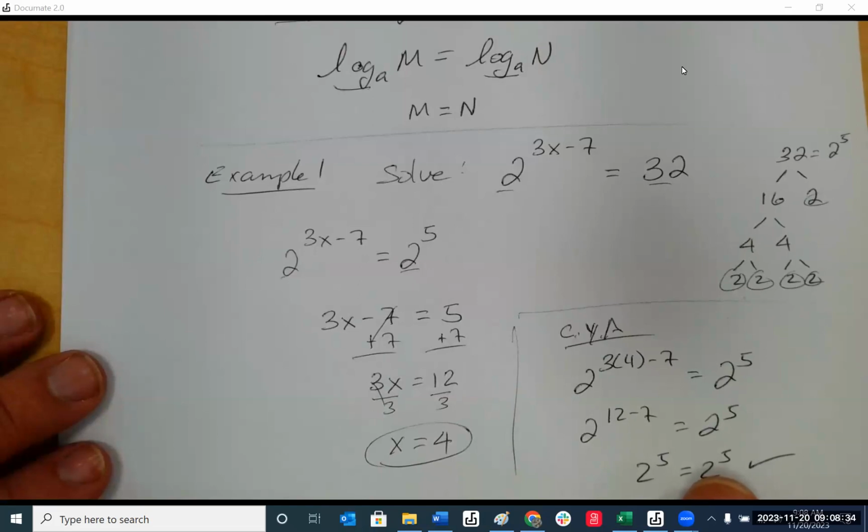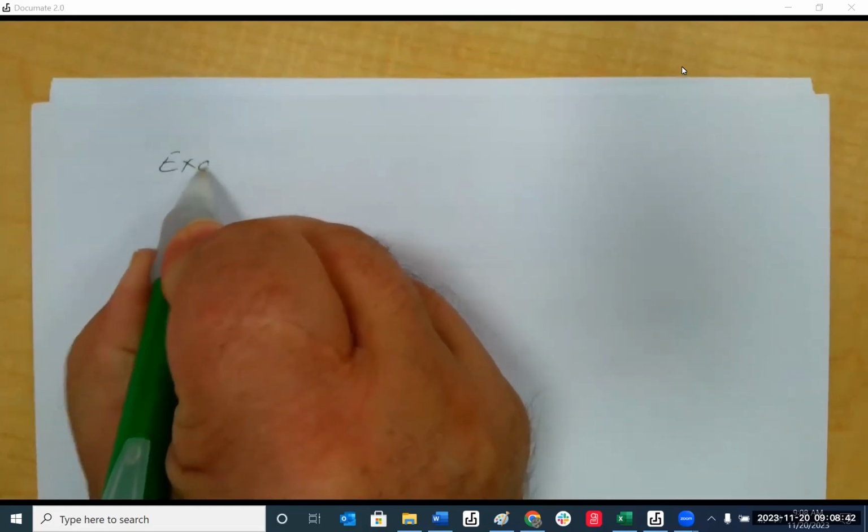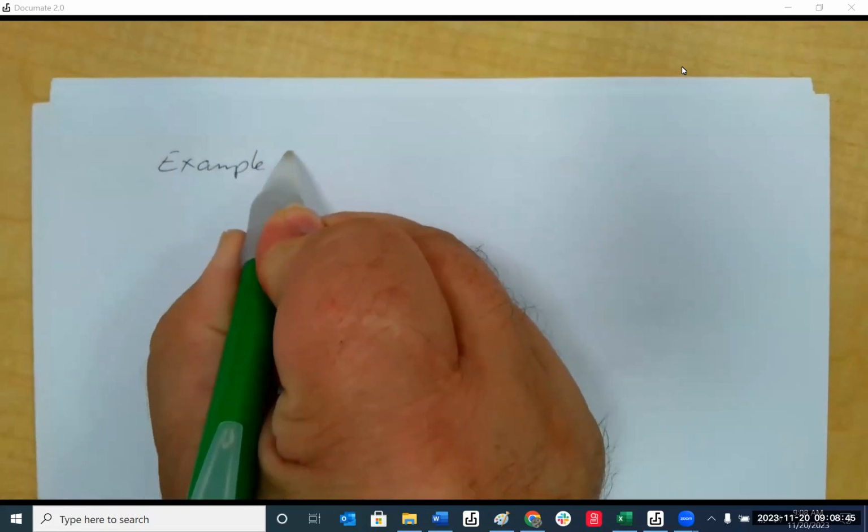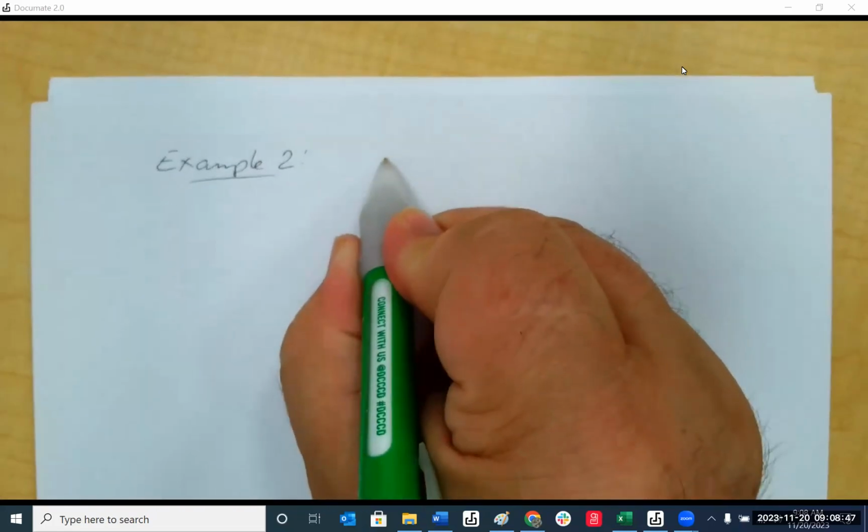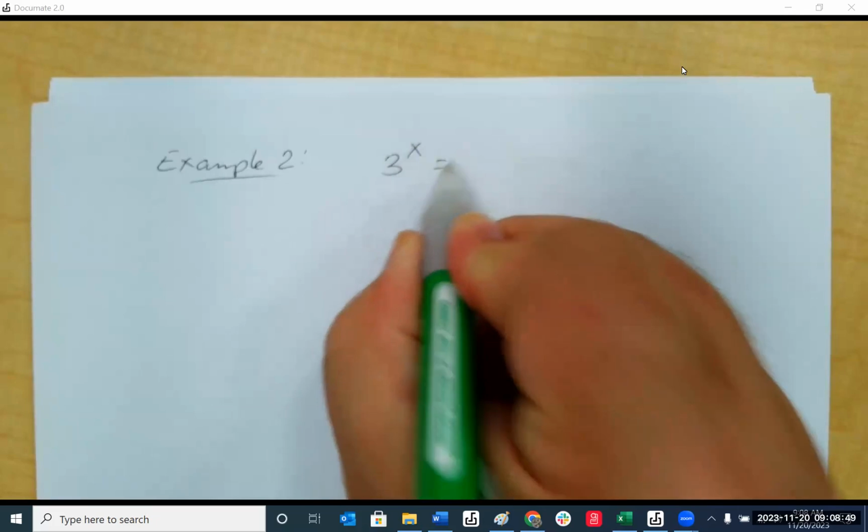Example number 2. Solve 3 to the x equals 20.